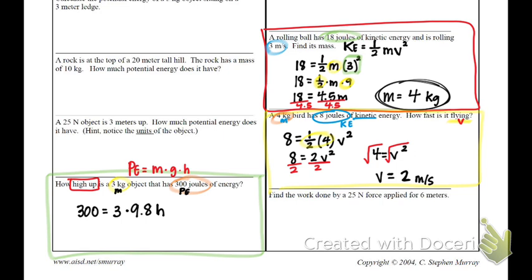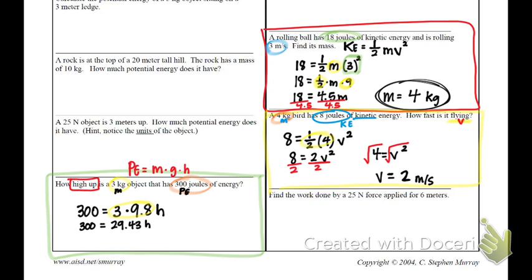We've got multiplication there. 3 times 9.8. What? 14.